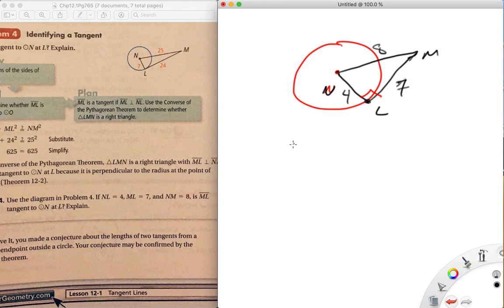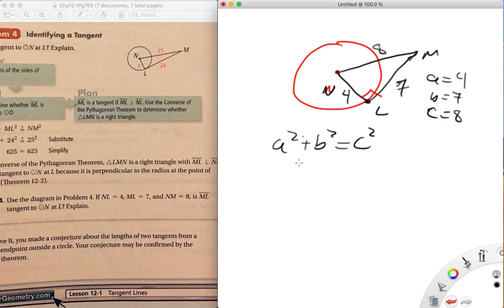So here we would use the Pythagorean theorem. A would be 4, B would be 7, and 8 would be C. A squared plus B squared equals C squared. If A squared plus B squared equals C squared, then we have a point of tangency because it's a right triangle. If it doesn't, then point L is not the point of tangency.